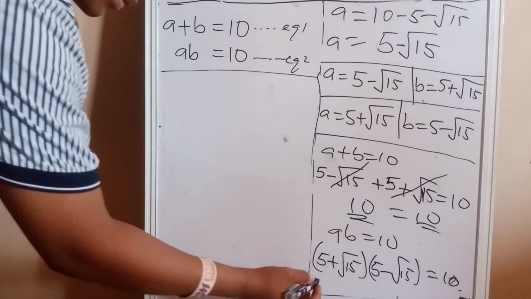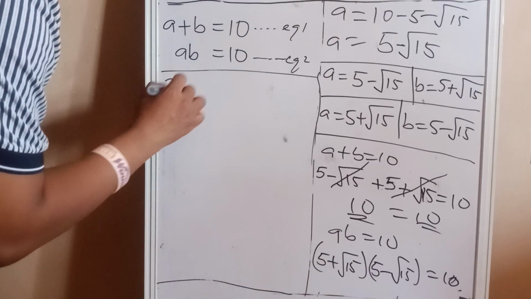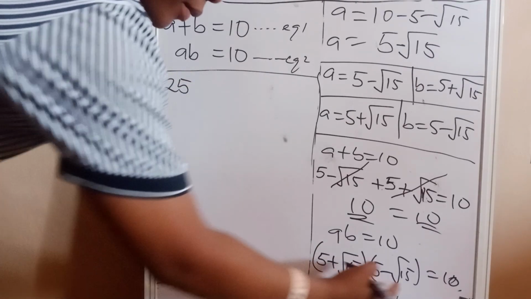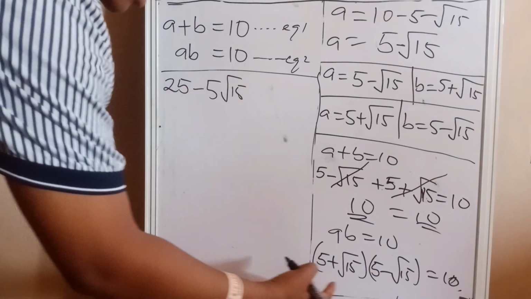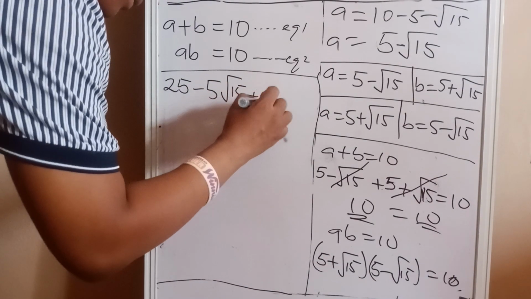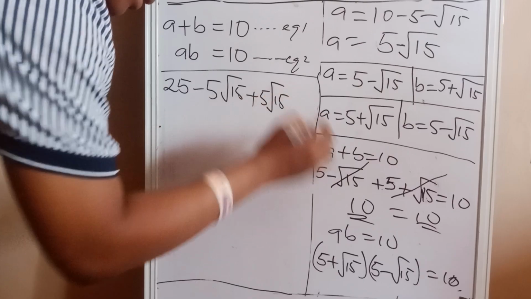When we open the bracket, we'll have 25 here. 5 times this gives minus 5 root 15. This gives us plus 5 root 15.